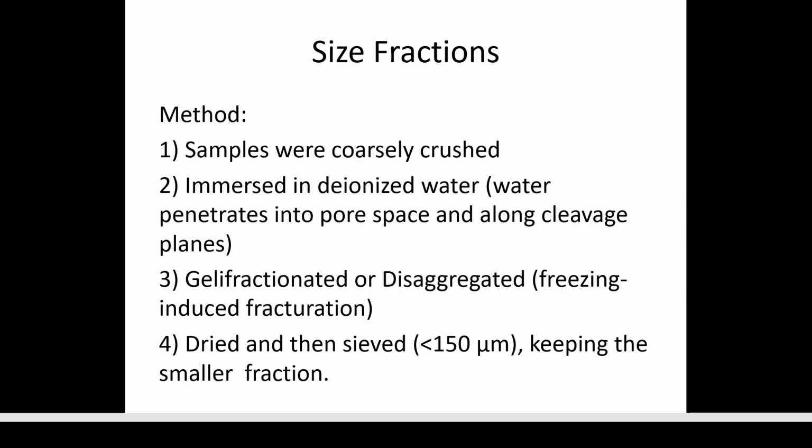This is a process called disaggregation or jelly fractionation. This is freeze-induced fractionation. Finally, we dried and sieved the fractions down, keeping only the smallest fraction, under 150 micrometers, and then discarding the larger than 150 micrometer fraction, or keeping it for further analyses.